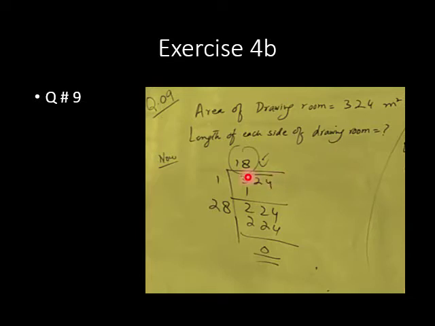First we will make pairs. 3 is left, 1 ones are 1, subtract it, 1 is added here, it makes 2, and we will add here 8 and multiply by 8, then we will get 224. It means that the area of the drawing room is 324 square meters. The length of each side of the square is 18 meters. You have to write here 18 meters. It's our requirement.